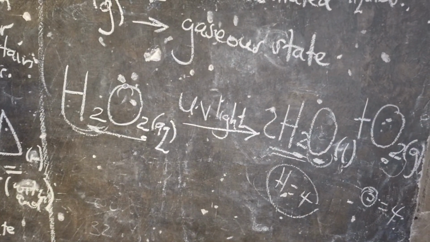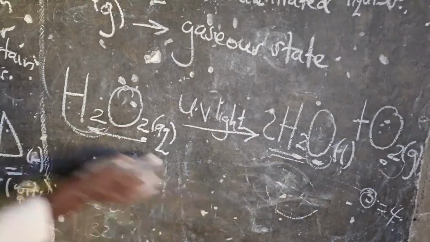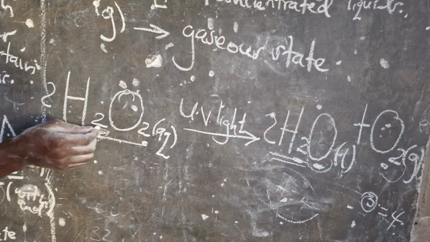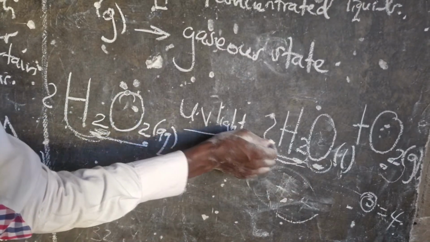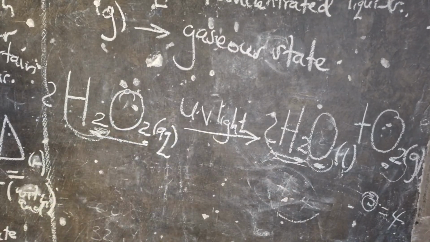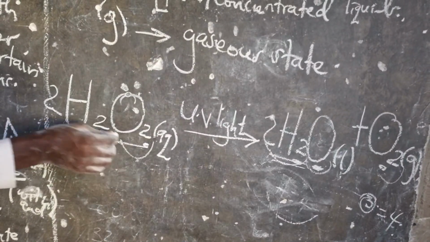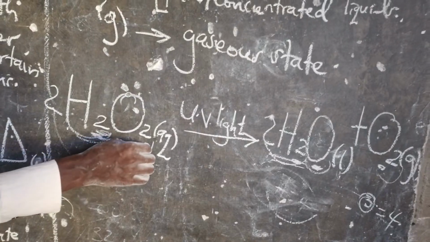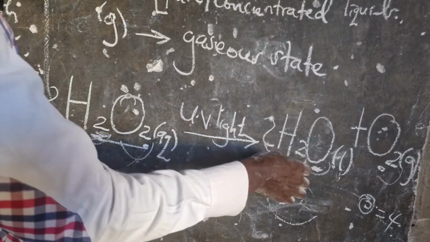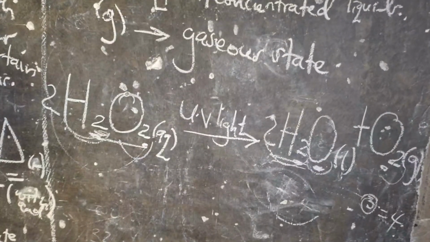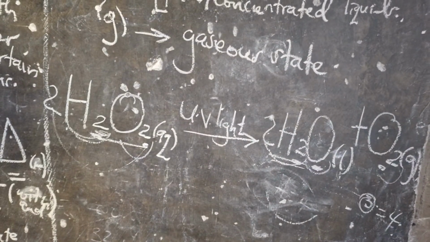So to balance it, we shall also put a 2 here, such that the hydrogen becomes a 4 as it is for this side, 2 times 2. When we put a 2 here still, the oxygen will become a 4, as it is 2 plus a 2, which is also a 4. So now the equation is well balanced.